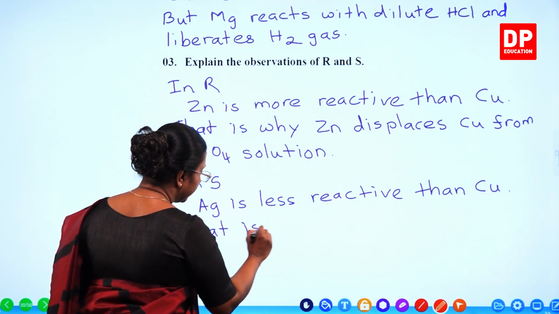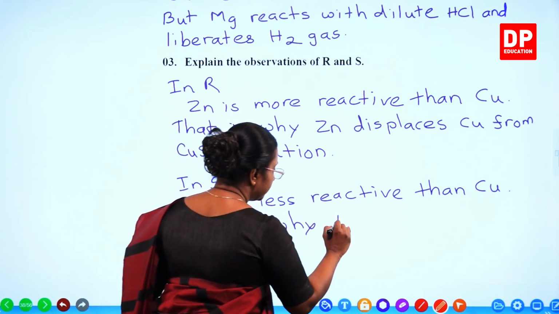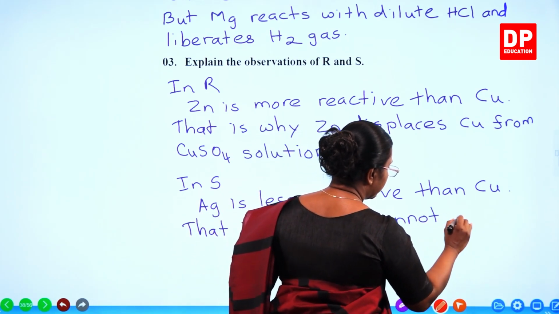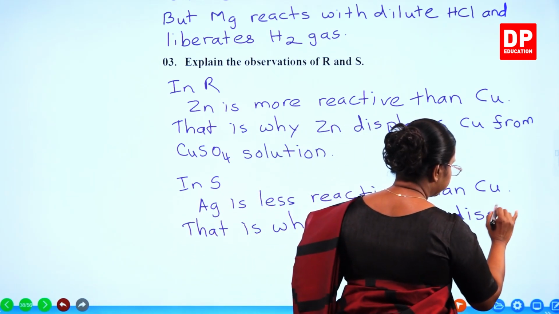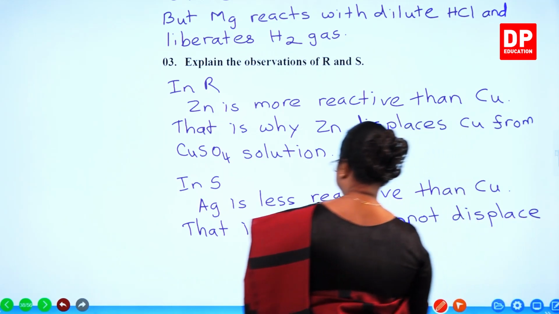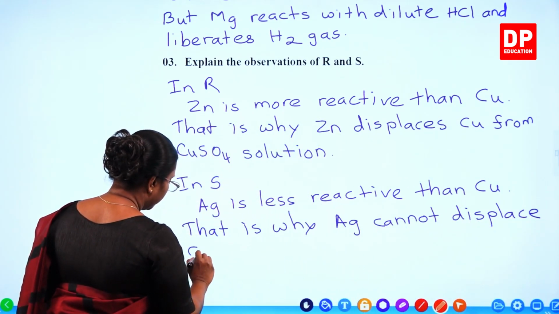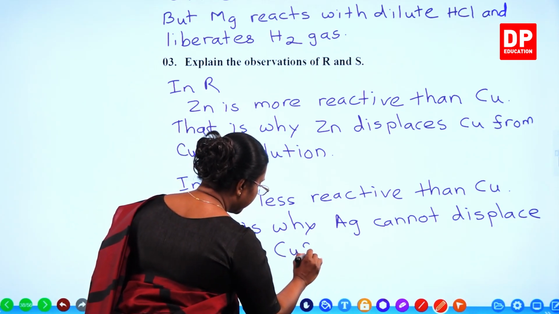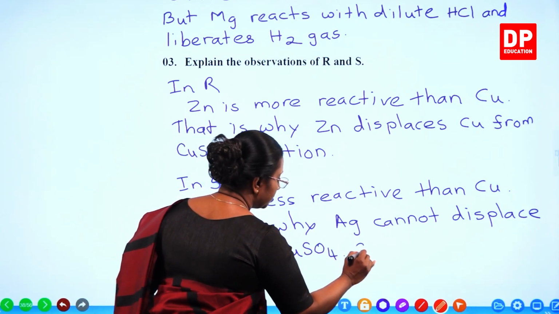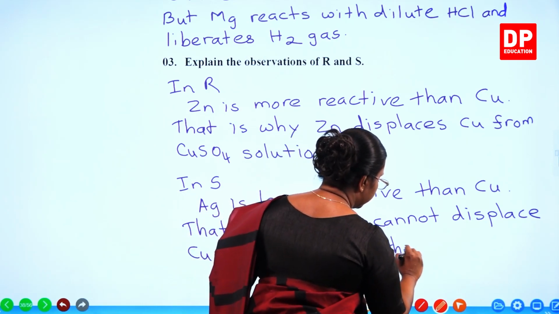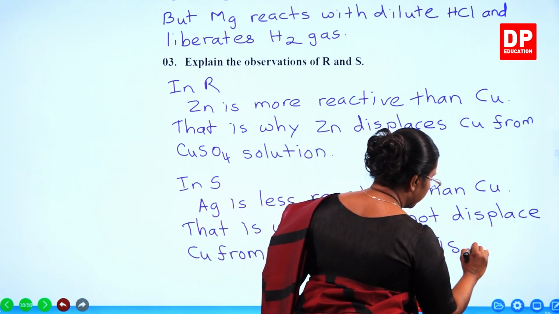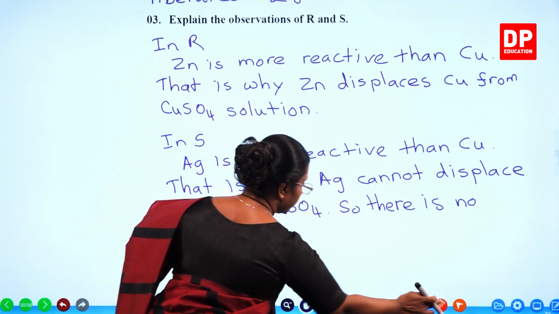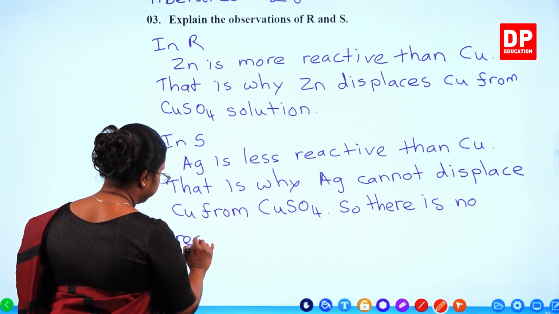That is why silver cannot displace copper from copper sulfate. So, there is no reaction.